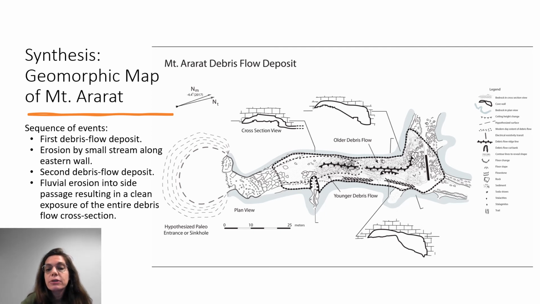And so that material moved in, and in the first surge, it created this large debris flow pile that's outlined with these thick dashes.